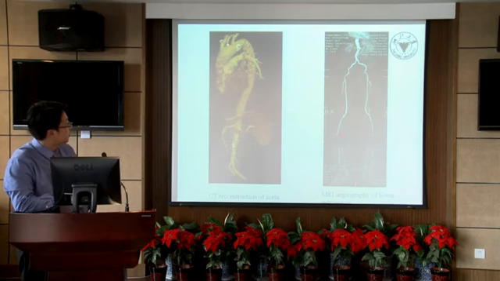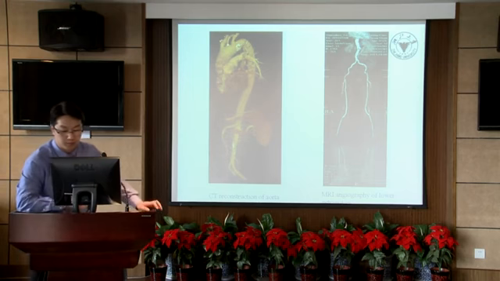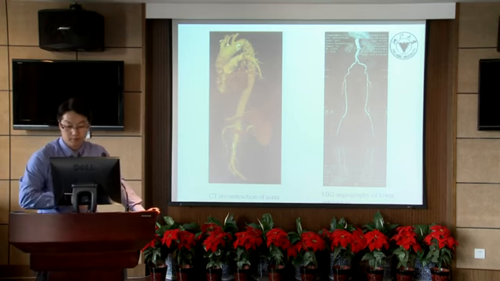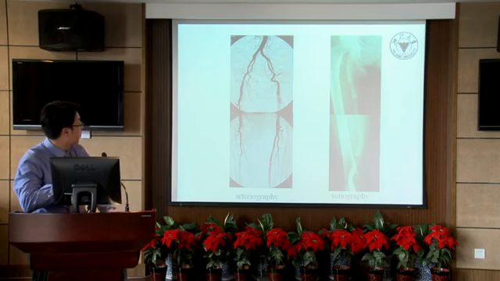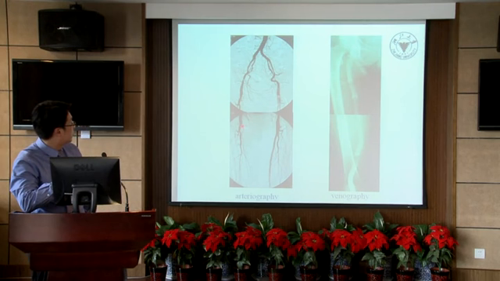So we can see the popliteal obstruction. This is the arterial graft. We showed the right femoral artery occlusion. This is the venous graft. We see the valve and the blood process.